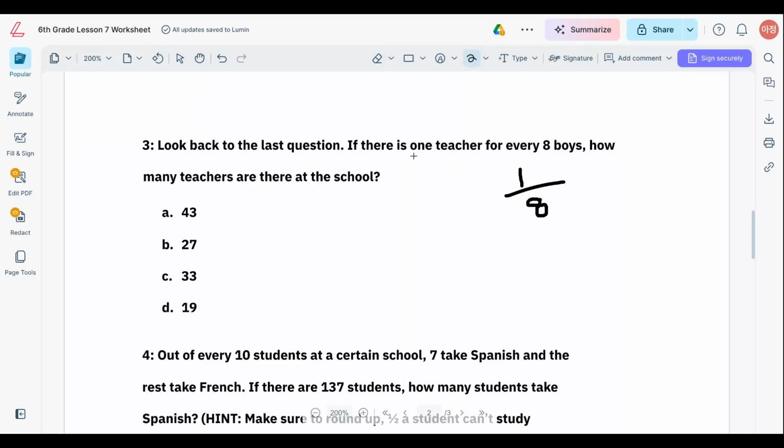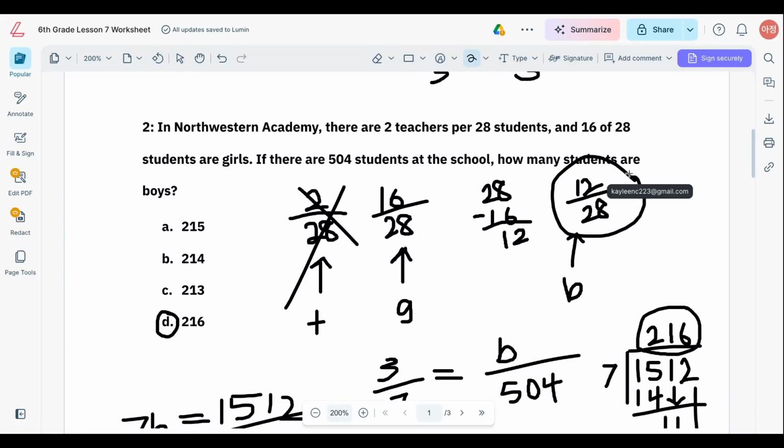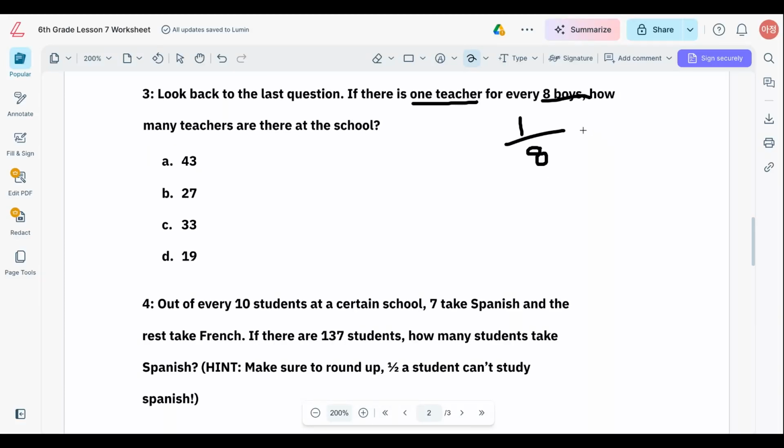Let's just use whatever's given here. 1 teacher for every 8 boys. And in the previous question, we found out that there are 216 boys. So let's do 216 boys here. Because for every 8 boys, there's 1 teacher. Then when there are 216 boys, how many teachers?